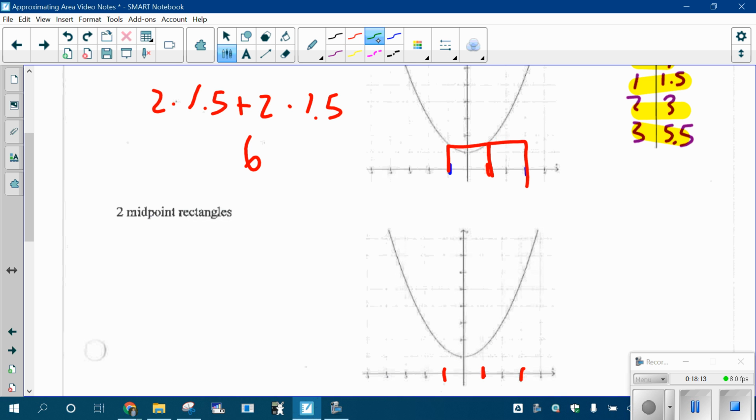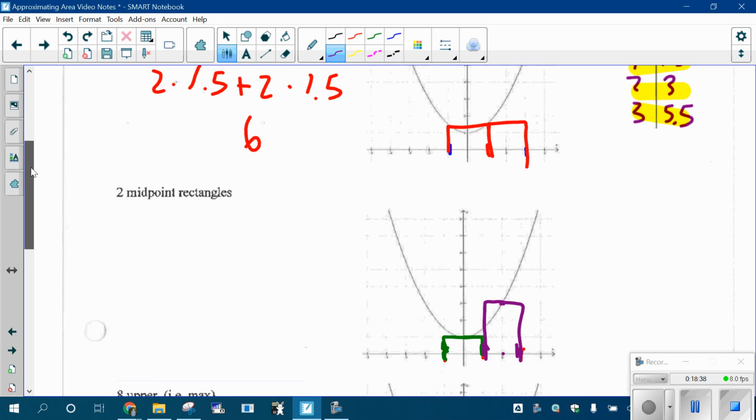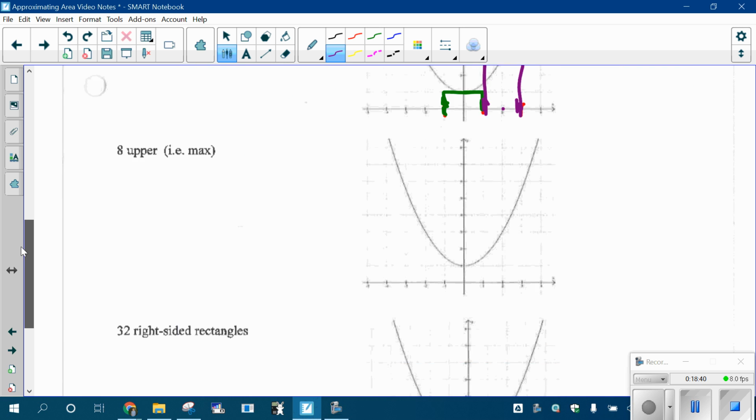But when I was deciding for this rectangle how tall to draw it, instead of using the left side or the right side, I could use the middle to dictate how tall to draw it. So when I went to this one, if I was deciding how tall to draw this rectangle, I could actually use the middle to do it. And that's just a different way to draw rectangles. Sometimes midpoint rectangles will be better. Sometimes they won't.